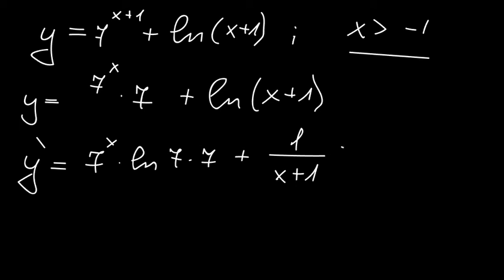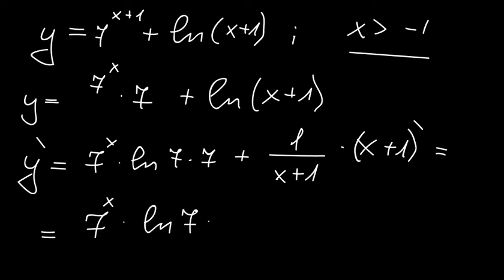Okay, and we need to find the derivative of x plus 1, and this will be 1, so our answer would be 7 to the power of x times natural log of 7 times 7 plus 1 over x plus 1. Now we could use properties of logarithms and put this 7 up here, but that's not necessary.